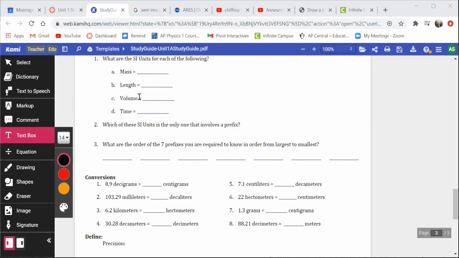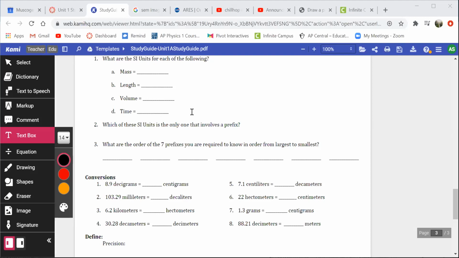So let's think about the volume measurement that's just volume by itself. I put liter. All right, so the liter is the same thing as a cubic meter. So you are in the right mindset there. But we're going to talk about it as liter because that's the volume only measurement. Like you couldn't describe any of these as some amount of liters. You would only describe volume as liters.